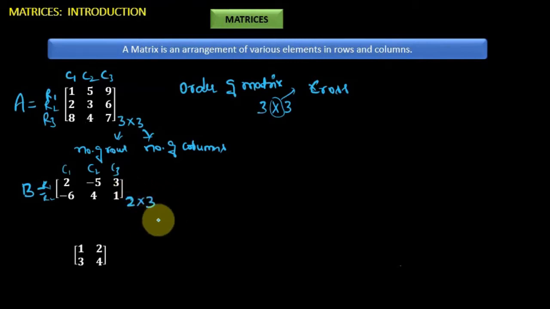This is the order of my matrix B. Similarly, suppose this is my third matrix called C. What is the order of this matrix? Simply 2 cross 2. In this way, we represent the order of the given matrix.